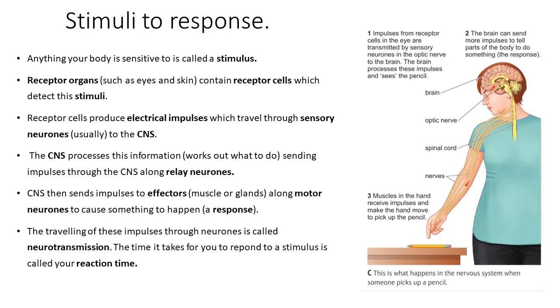The next one is receptor organ, and a receptor organ is things like your skin or your eyes, the actual organs of your body that do the detecting of your environment. And then we have receptor cells. These are the cells in your skin or in your eyes that actually pick up the signal and start sending a signal to your brain to tell it what you have interacted with.